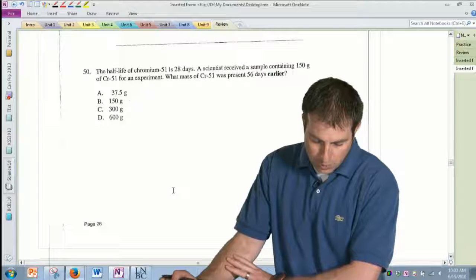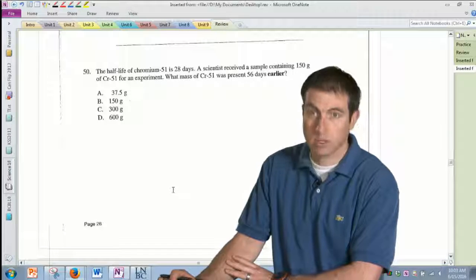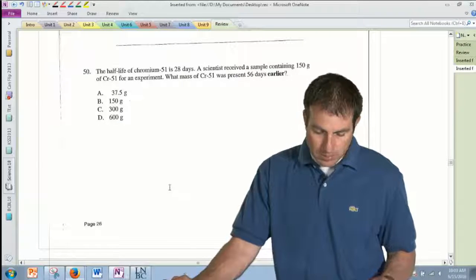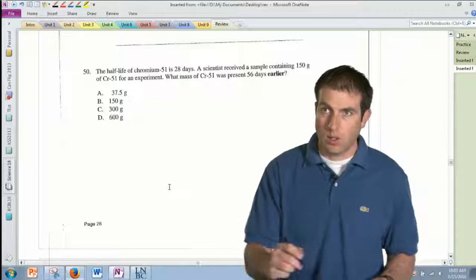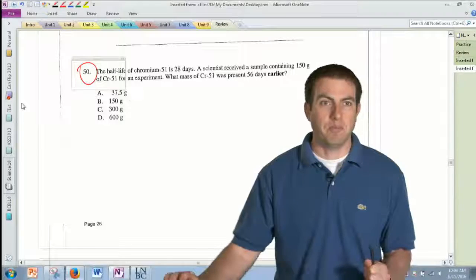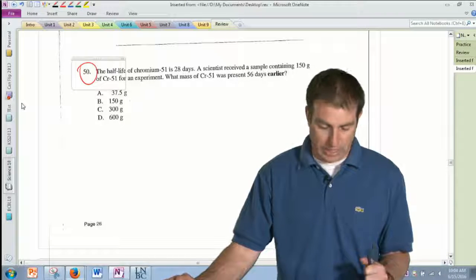The half-life of chromium-51 is 28 days, 150 grams, 56 days earlier. It's a tricky question. I don't know what that means though, Ava, because of the time delay. I need you to write in, this is the right exam or this is the wrong exam, because it's all quite confusing for me to understand what you are trying to get at.